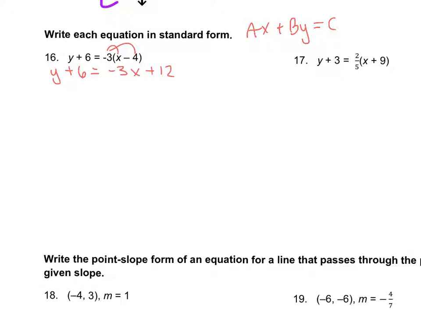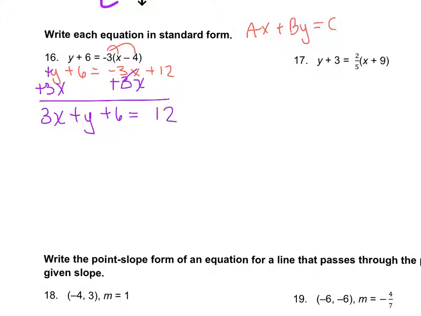Standard form means the x's and y's have to be together, so I'm going to bring this -3x over so that now I have 3x. It's understood that y is positive, so you write plus y. Plus 6, if you want to rewrite that, is equal to 12.